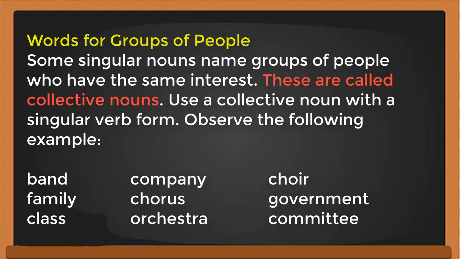For example, band, company, choir, family, etc. What is a band? A band is a group of people who perform instrumental or vocal music. There are many people in a band. For example, a keyboardist, who plays bass, and then who plays drums, and the singer. So that group of people we call a band.